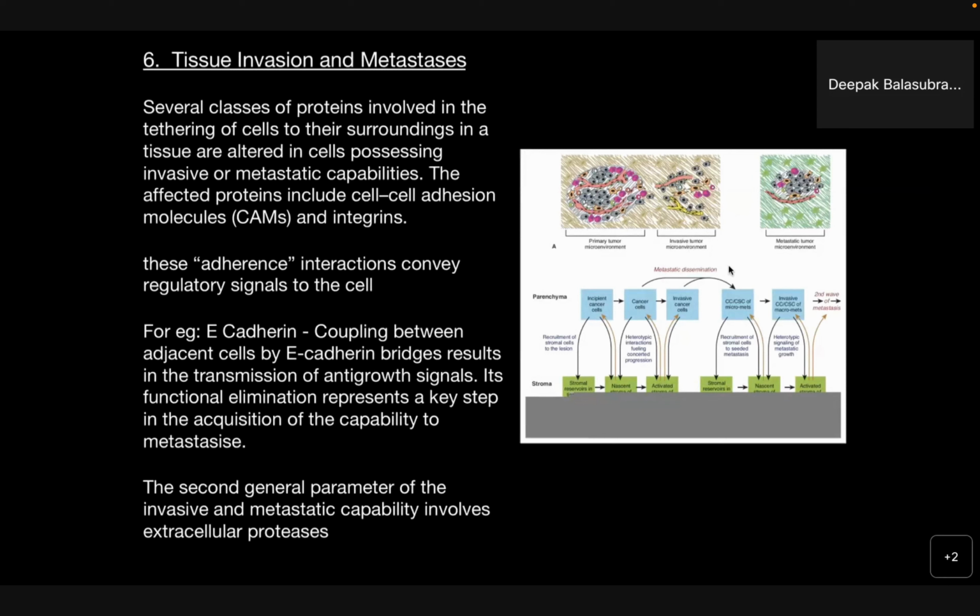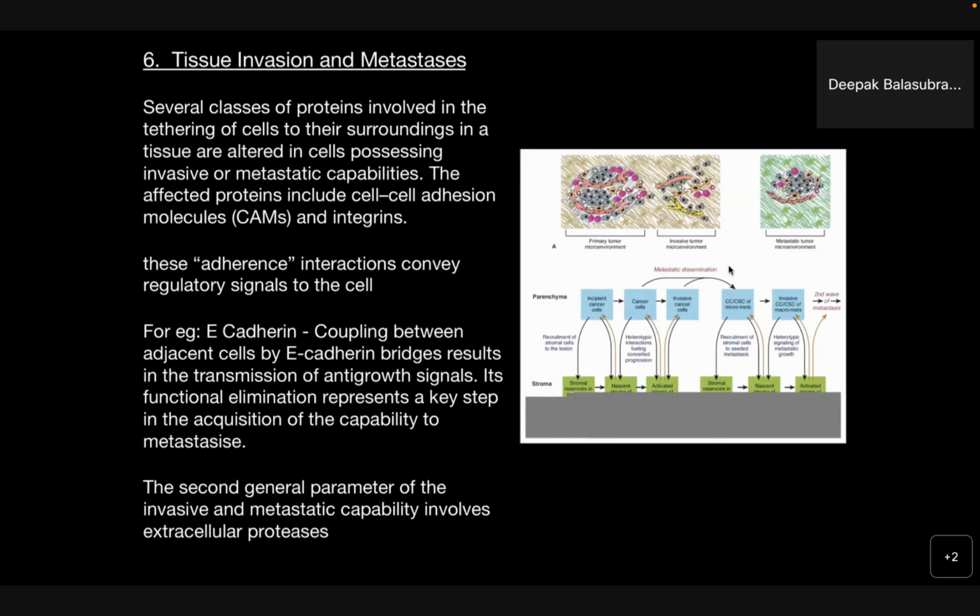Usually cells are tethered together to their surroundings, and this is what forms normal tissue organs. But these cell-to-cell adhesion molecules and the adherence of these cells is affected in tumor tissue.